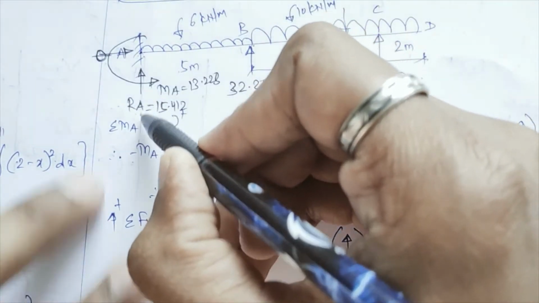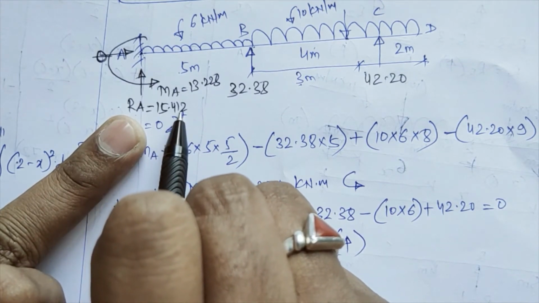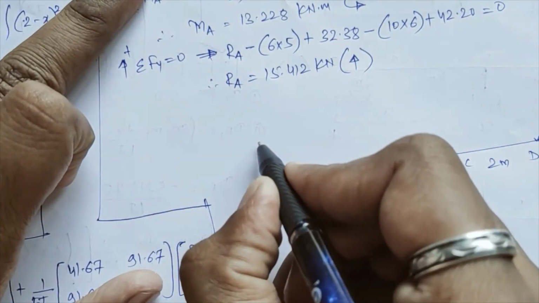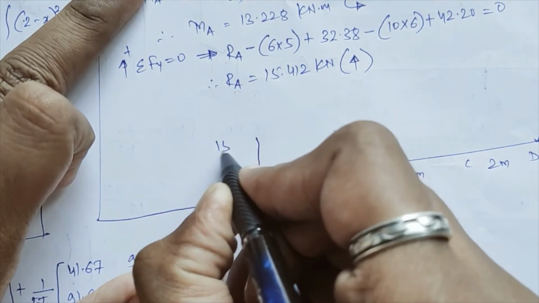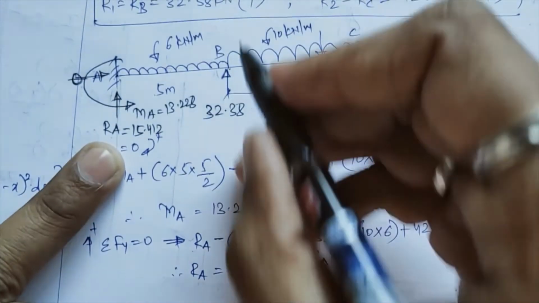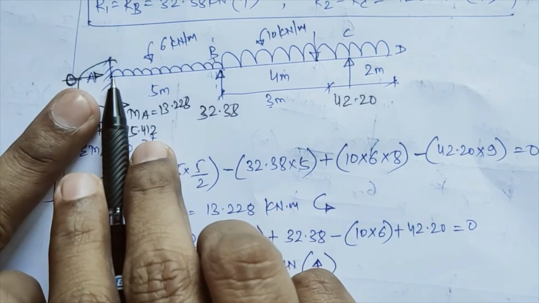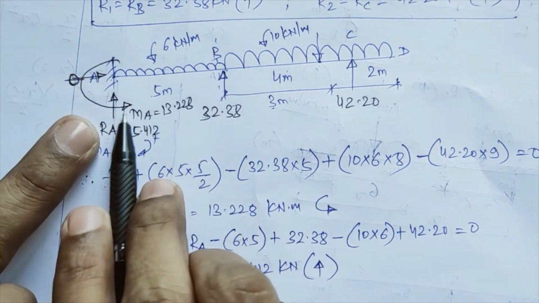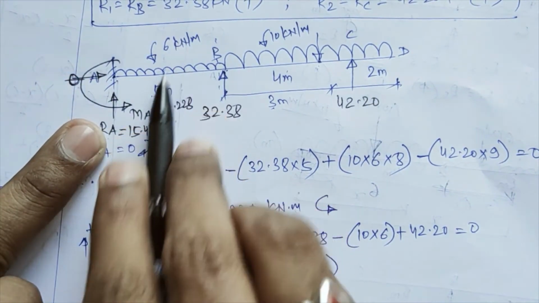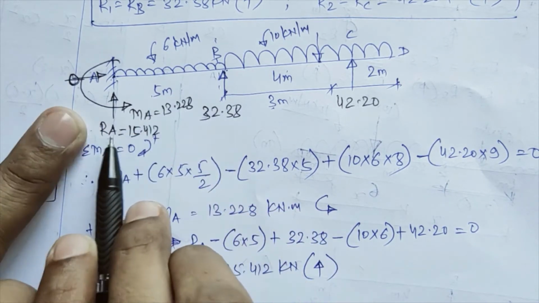Now see, at point A you have this RA acting in upward direction, so that will give me a positive shear force at point A. So shear force at point A will directly be 15.412. Next, we'll calculate shear force at point B, just to the left. So shear force at point B will be this positive shear force minus this negative UDL, 6 into 5, that is 30.